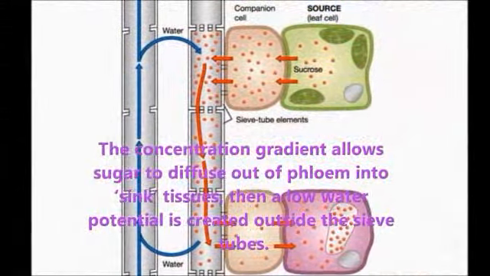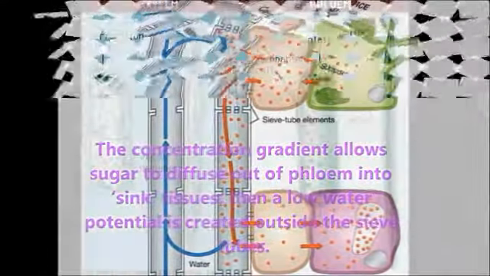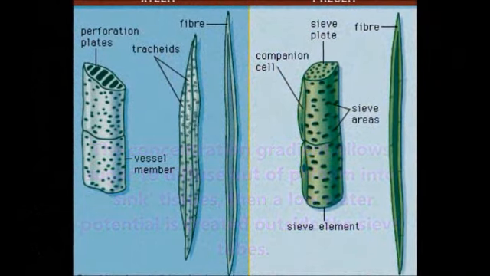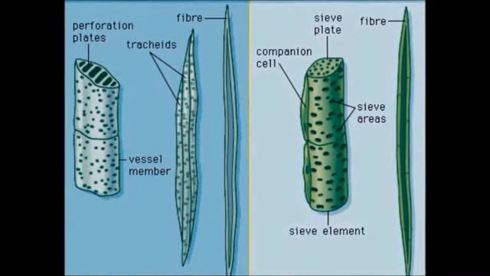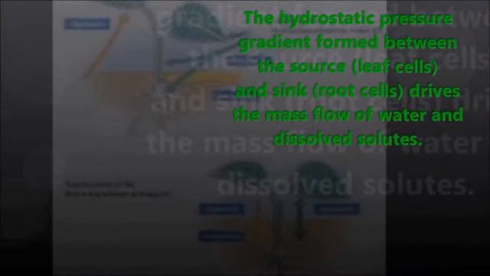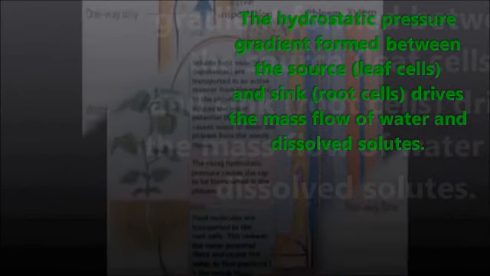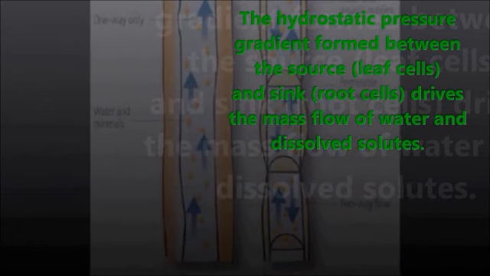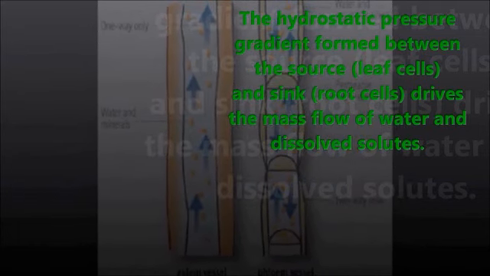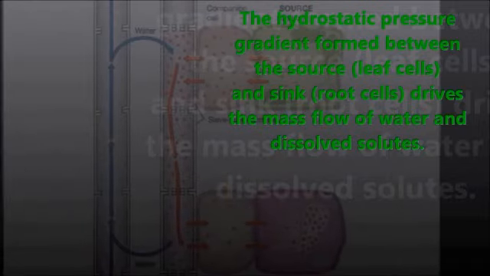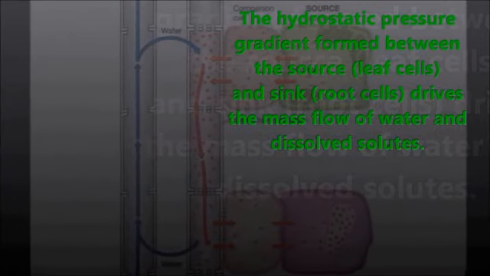Then, a low water potential is created outside the sieve tubes. The hydrostatic pressure gradient formed between the source and sink drives the mass flow of water and dissolved solutes. The source refers to the leaf cells, whereas the sink refers to the root cells.